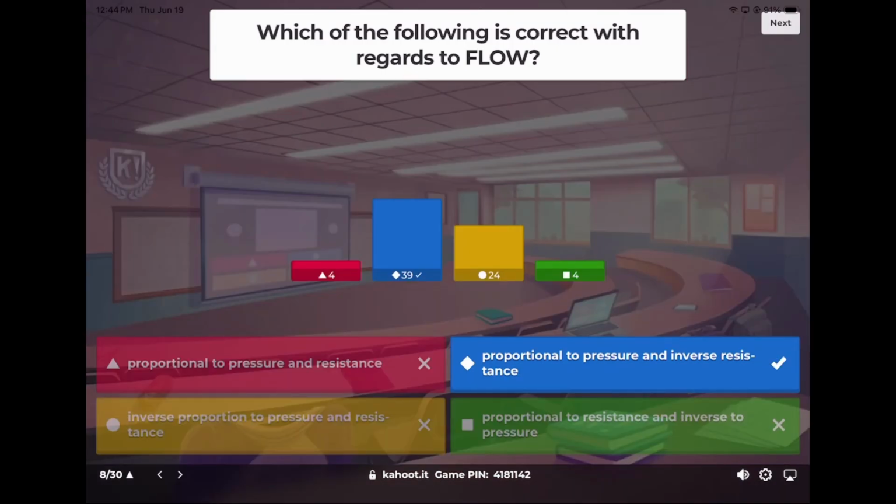Okay, so the greater the resistance, the worse the flow. You're resisting the flow. Something is in the way. It's not going to get through.